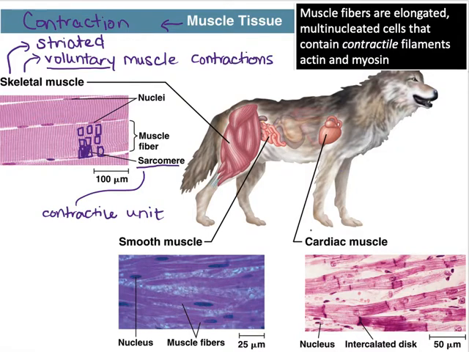I'm going to move to the cardiac muscle. We'll compare that to skeletal muscle. Similar to skeletal muscle, the muscle fibers are striated and have multiple sarcomeres per unit, and you can see some of those stripes. They are striated, but as they are found in the heart, and we don't control whether or not our heart beats, they are involved in involuntary muscle contractions.